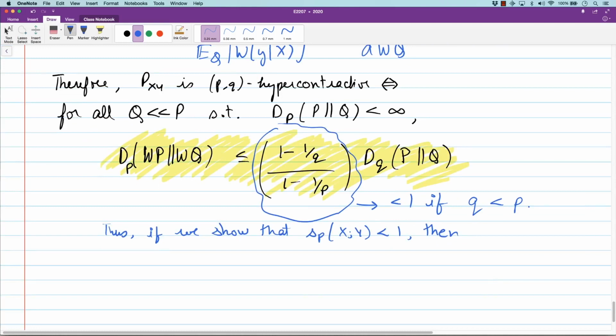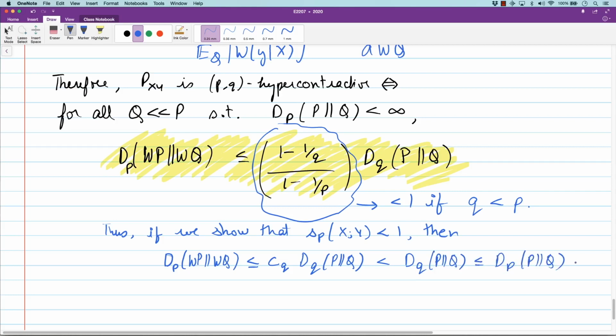By the way, if q is less than p, this D_q is a non-decreasing function of q, the Rényi order alpha, and thus D_p(W_P || W_Q) is less than or equal to c times D_q, and because this constant is less than 1, this is less than D_q, which is less than or equal to D_p(P||Q).